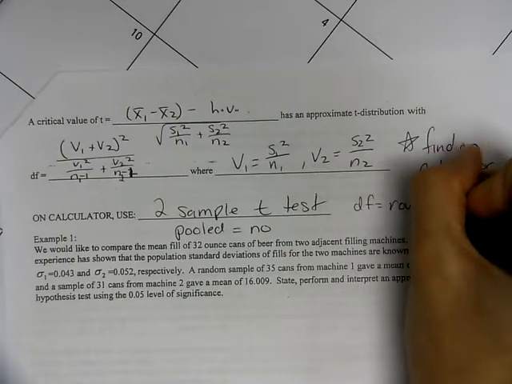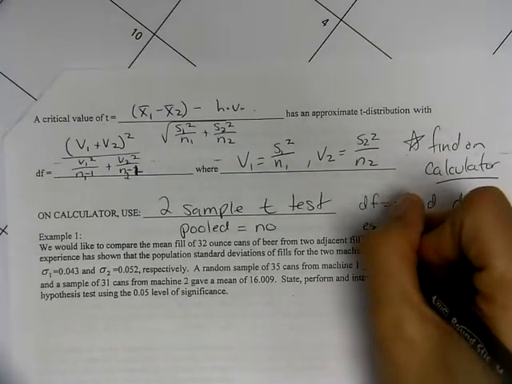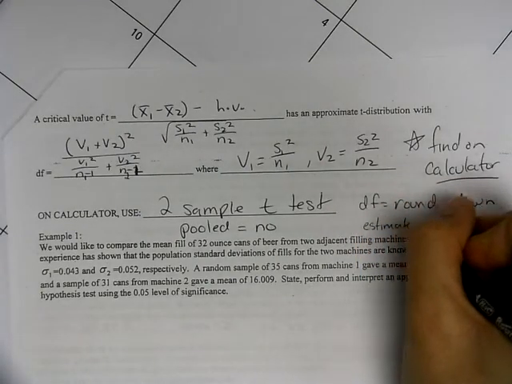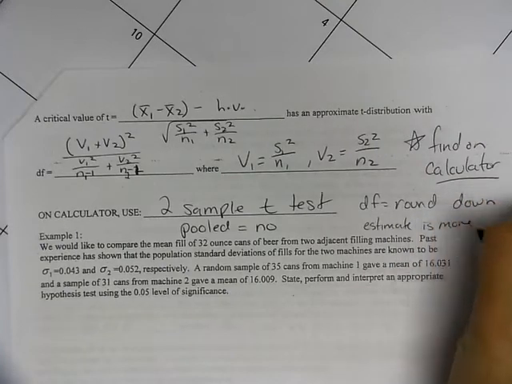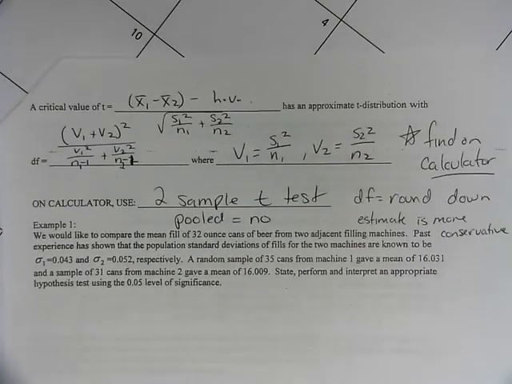Remember, you always round down, that way our estimate is more conservative. Because it'll say like the degrees of freedom is like 15.7. Just round down to 15.